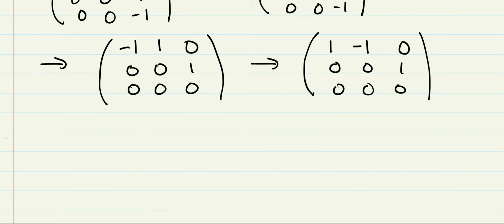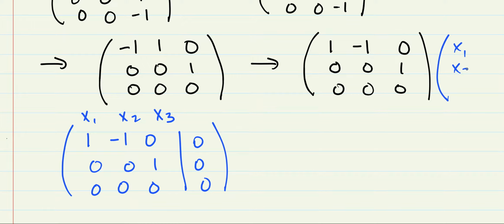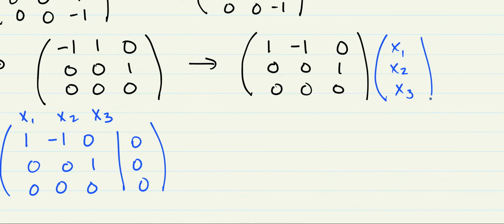So I'm going to put this matrix 1, -1, 0, 0, 0, 1, 0, 0, 0 with this column here, because just to remind you, what we're doing here is multiplying it by x1, x2, x3 and setting it equal to 0, and we're trying to figure out what x1, x2, and x3 are.